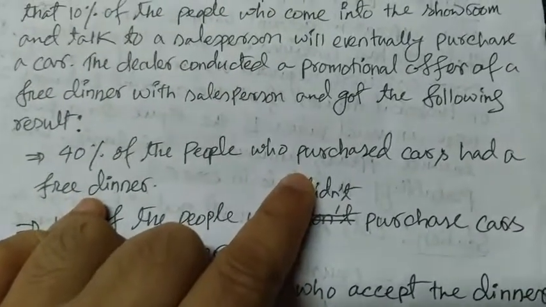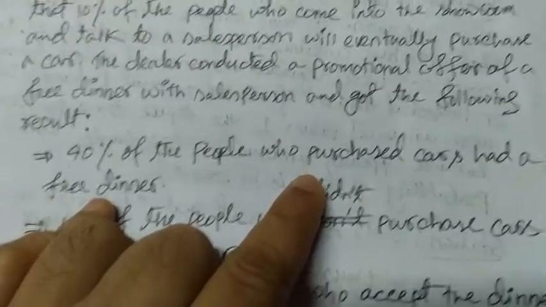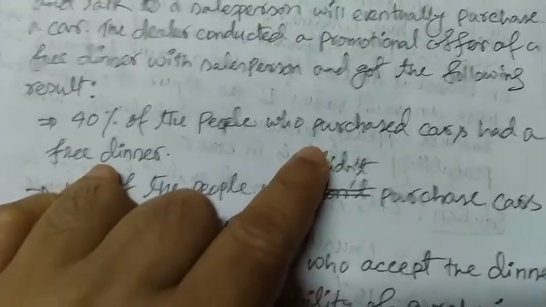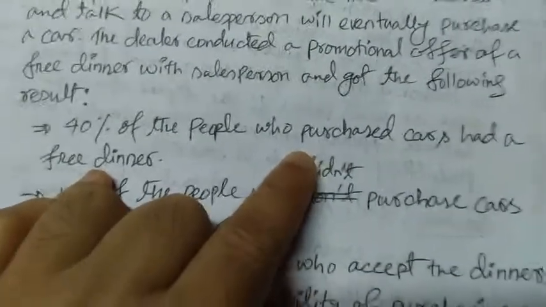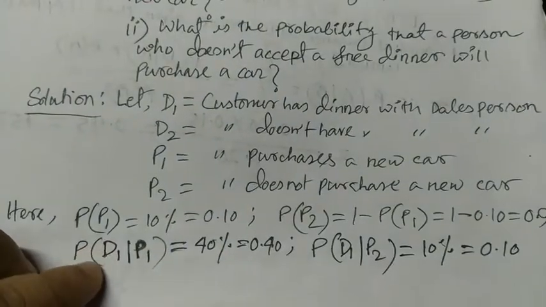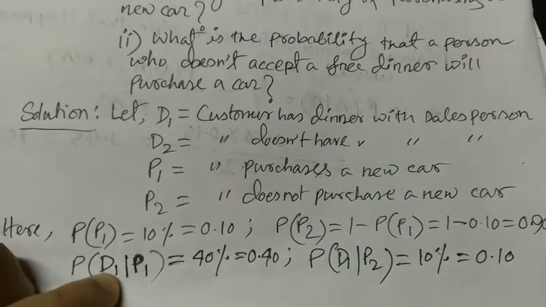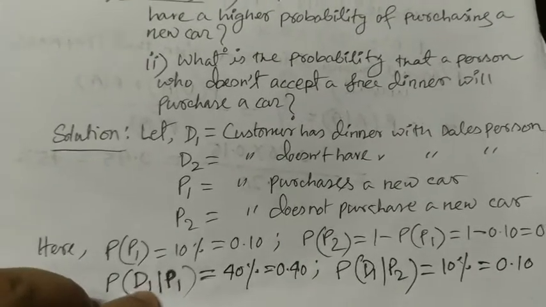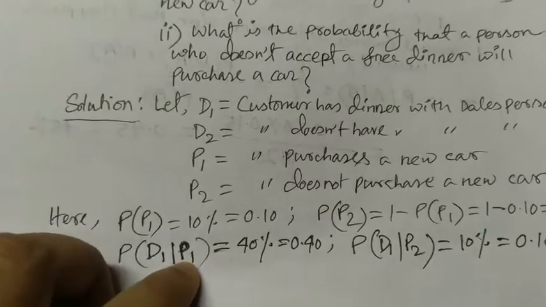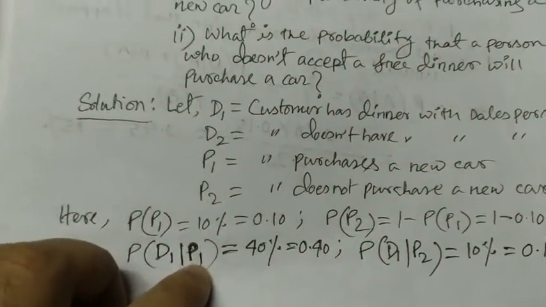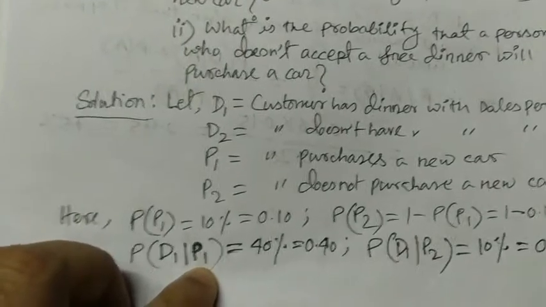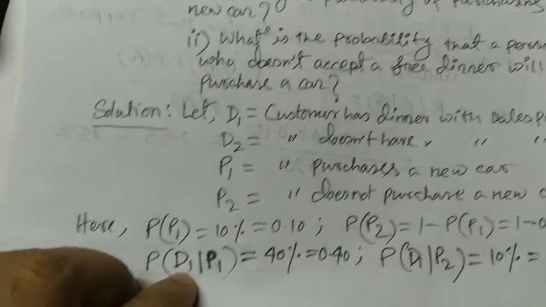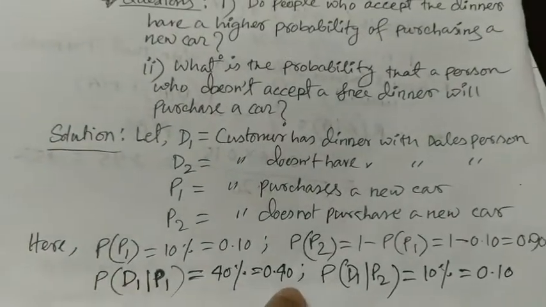That means 40% is the probability of a free dinner given that the customer purchased a car. Out of the total customers who purchased cars, this is the percentage of people who had dinner, that is, 40%.